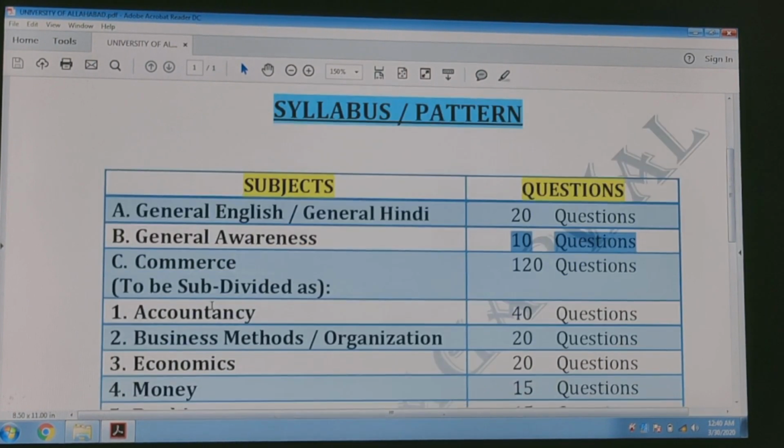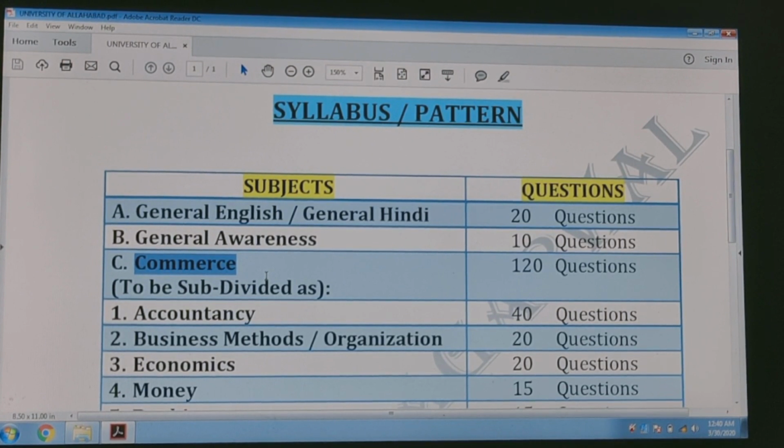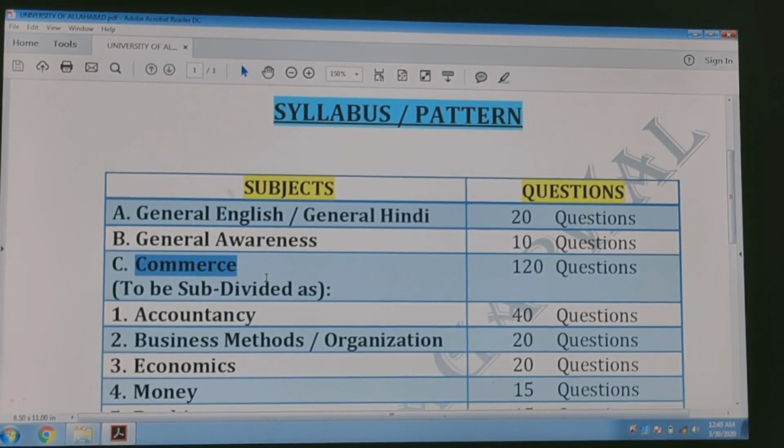Next, the most important aspect is commerce. First of all, we need to understand what this commerce is all about. When we say commerce, it doesn't mean only the business or commerce which most commerce students have already studied in class 11th and 12th.